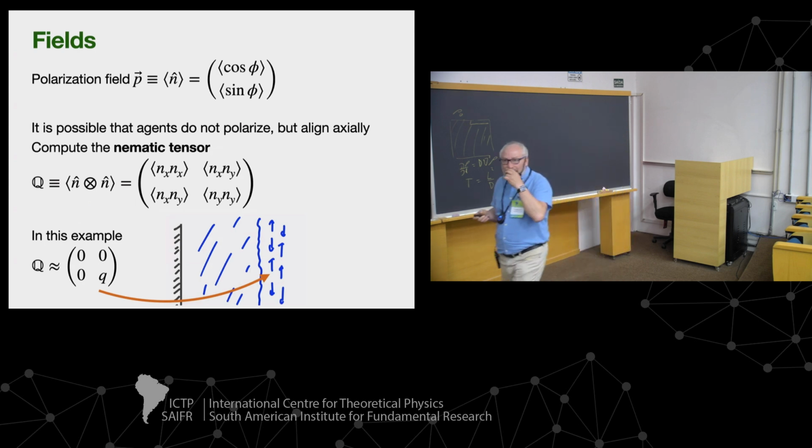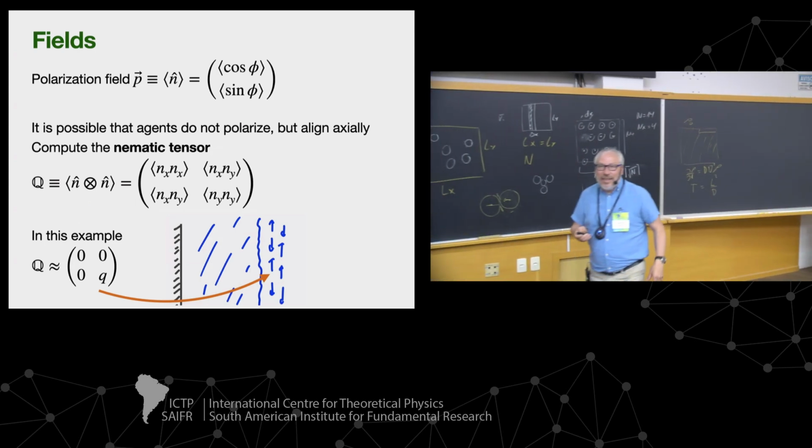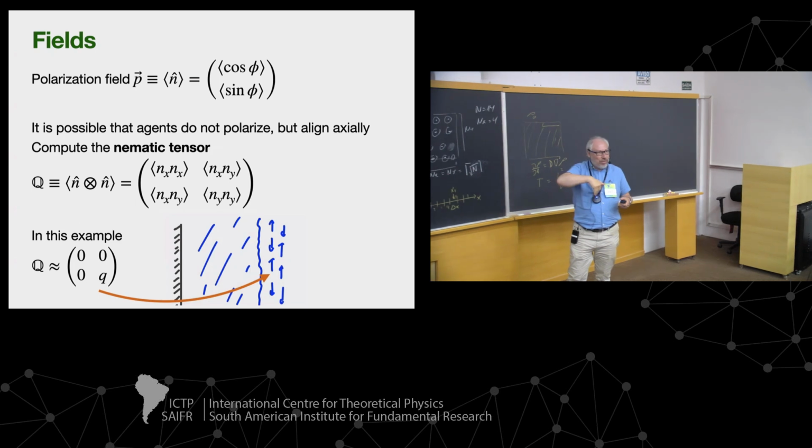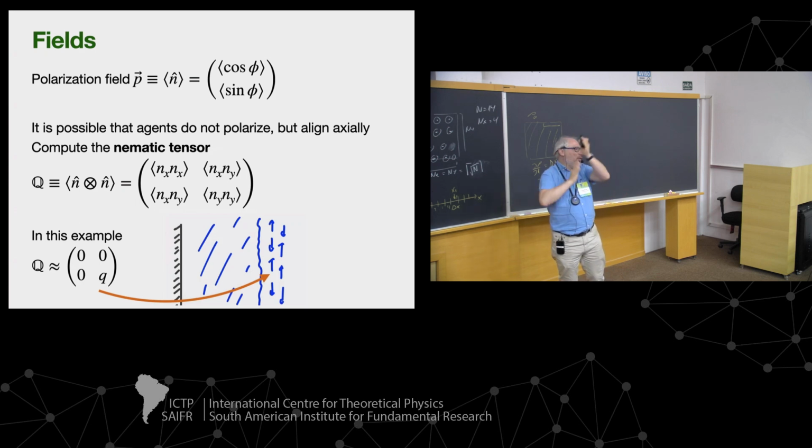Nematic in the same sense as Julia was discussing. That is, particles move parallel to the wall, up and down. Not in a vectorial way, that is, it's not essentially up or not essentially down. Half of the particles are moving up, half of the particles are moving down.